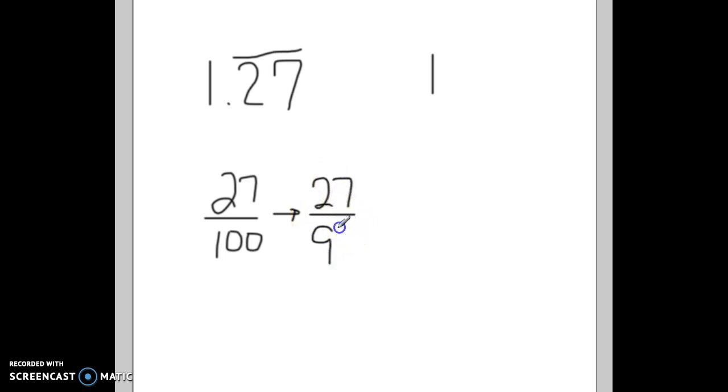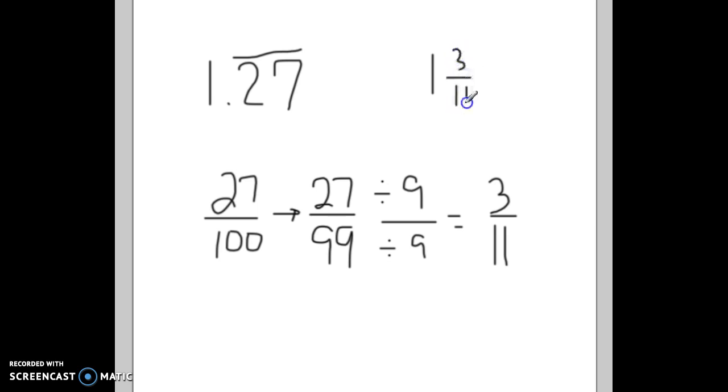All we're doing is taking 1 off of the denominator. Now if we simplify this, and I'm guessing it probably divides by 9/9, and we get 3/11. So 1.27 repeating equals 1 and 3/11.